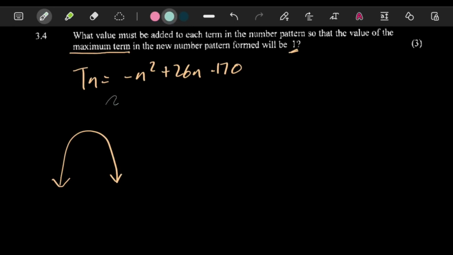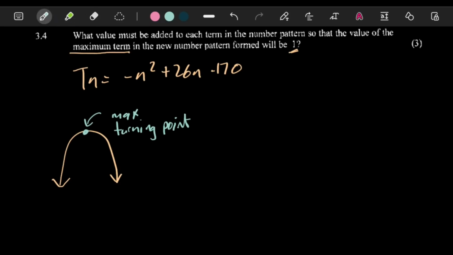Because it's drawing a frowning graph, you have to remember that this has a maximum turning point.